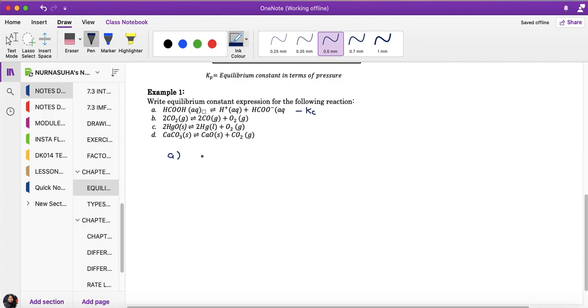So the equilibrium constant Kc equals the concentration of H+ to the power of 1, times the concentration of HCOO- to the power of 1, divided by the concentration of methanoic acid, HCOOH.